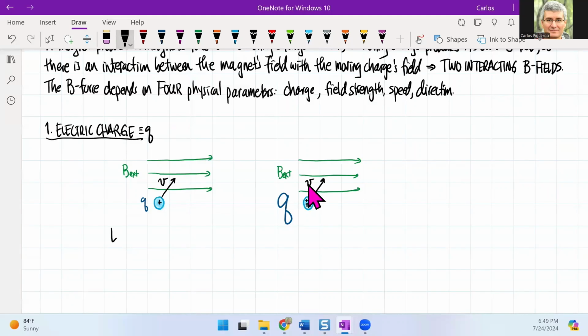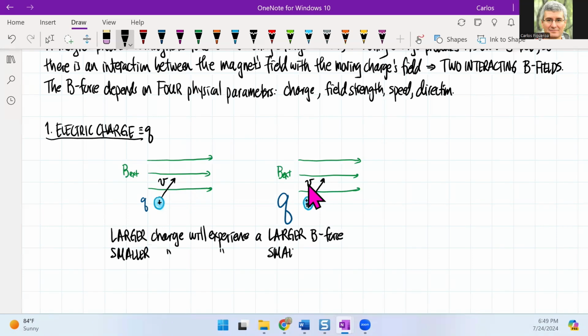So what we're going to find in this picture is this. If I have a larger charge, it will experience a larger magnetic force. However, if I have a smaller charge, it's going to experience a smaller magnetic force.